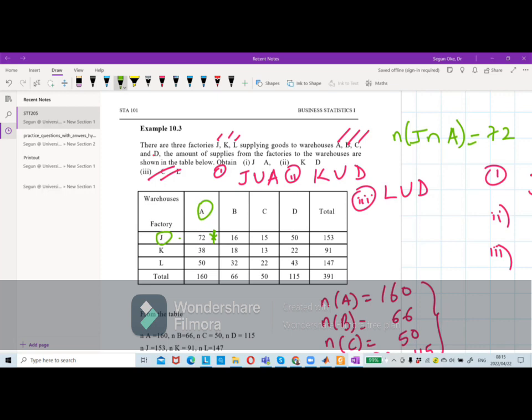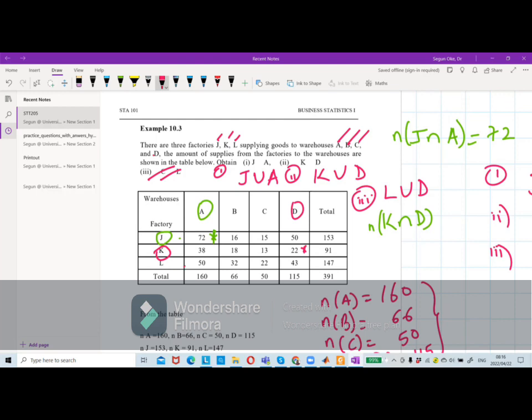So another one is K intersects D. Let's look at K intersect D. Go to D. This is D. K intersects D, the value there is this.